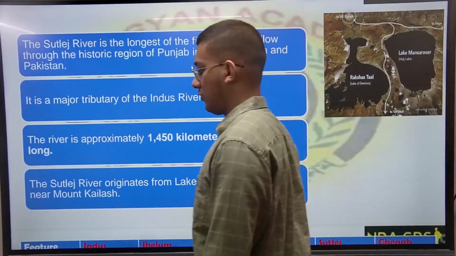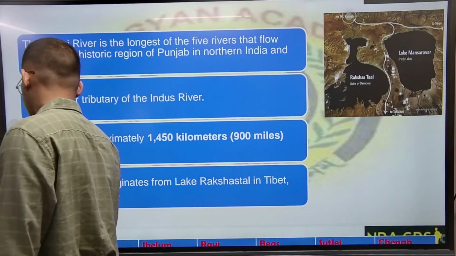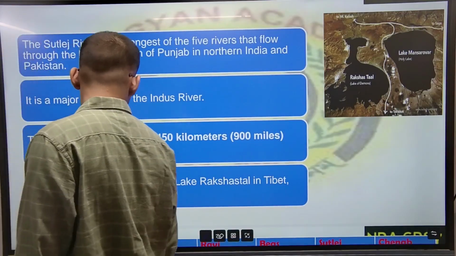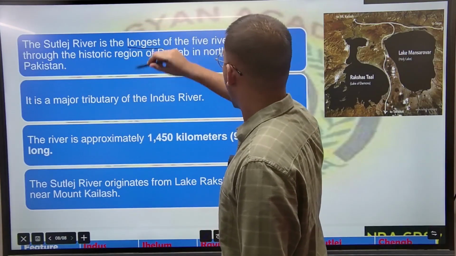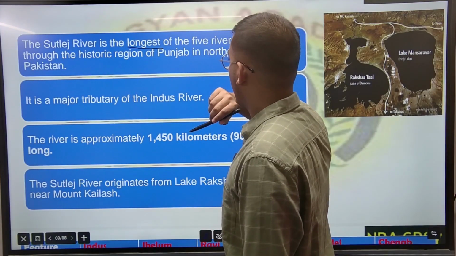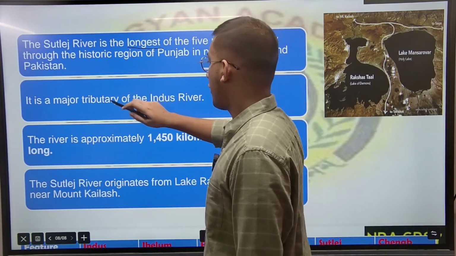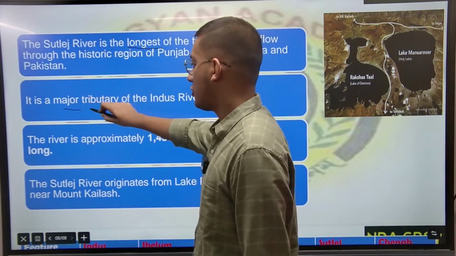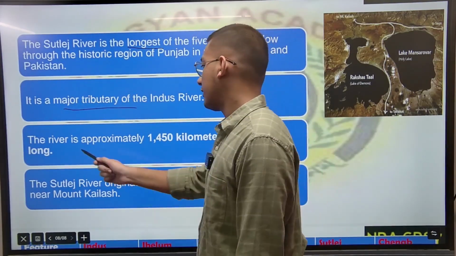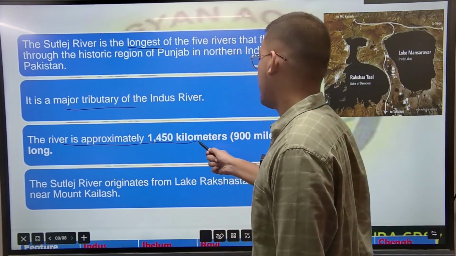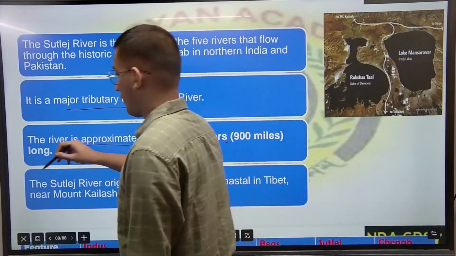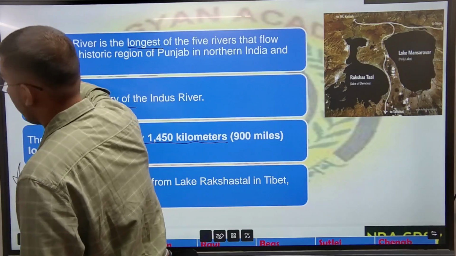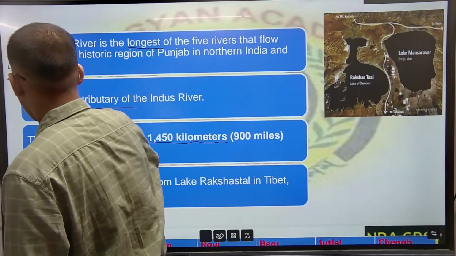Coming to Satluj. Satluj is the longest tributary of the Indus. It is also one of the major ones. It is approximately 1450 kilometers long. This is important. Where does it originate? And it is the longest, right?